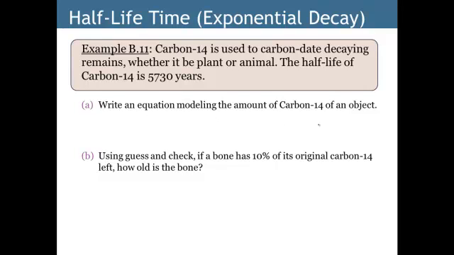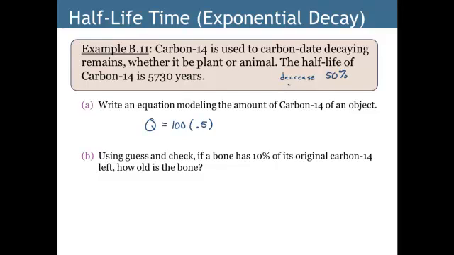So write an equation modeling the amount of carbon in the object. Well, before it died, it had 100% of its carbon. Okay? So, and it's a half-life time. Half-life, and so half is 50%. Okay? Or half-life is a decrease of 50%.